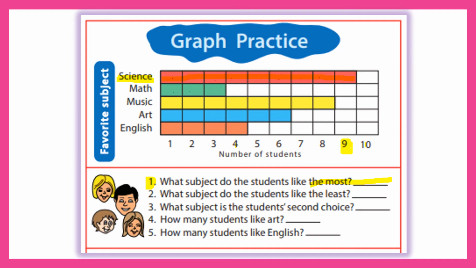All right, let me switch colors and let's find another one. All right, so here we are. Let's go with math. Whoops, I'm sorry. Back up. I didn't mean to go with math. It says, what subject do students like the least? The least.